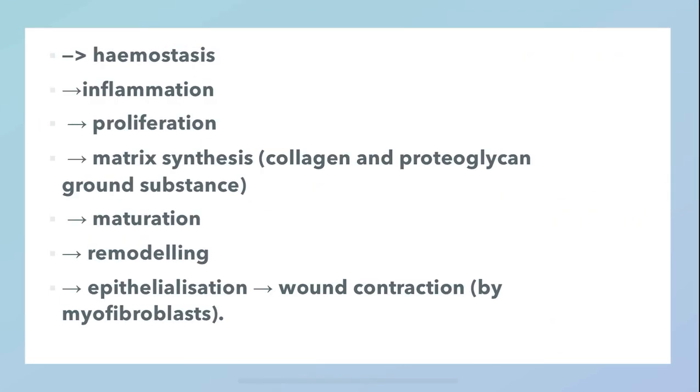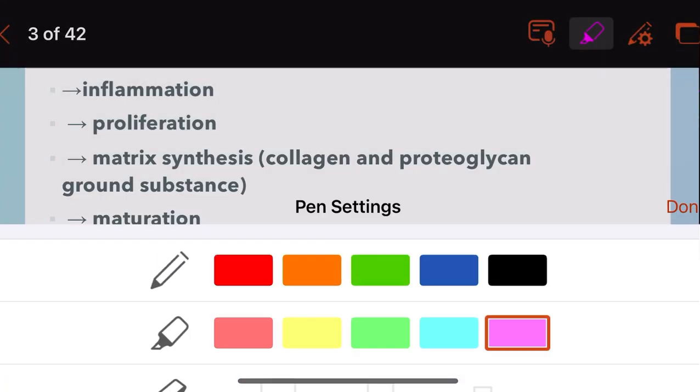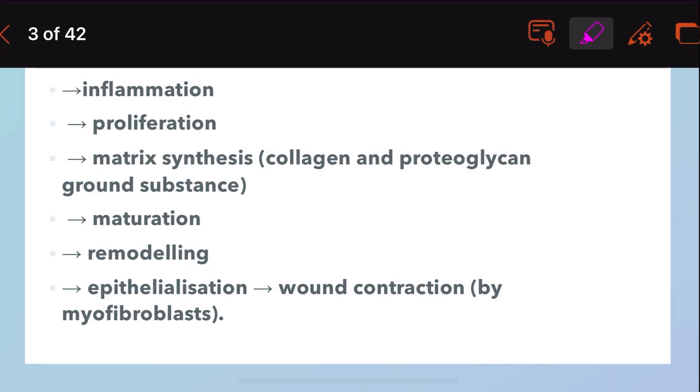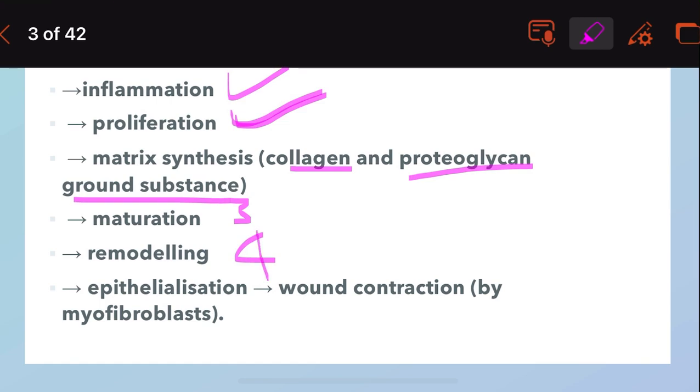The staged pathways are: first comes hemostasis, then the inflammatory stage, and then the proliferative stage where proliferation occurs, and then the matrix synthesis where collagen and proteoglycan ground substance play a role. Then occurs maturation, and the fourth stage is remodeling. Hemostasis and inflammation, first stage; second stage, proliferative stage; third, maturation; fourth, remodeling.